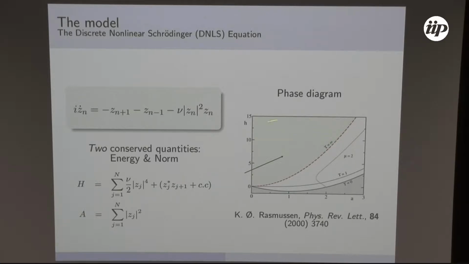And the thermodynamics is summarized in this diagram, where you plot the average energy density versus the average mass density. One point here is an equilibrium point. It can be characterized by a temperature and a chemical potential. You need two parameters because you have two independent conserved quantities.